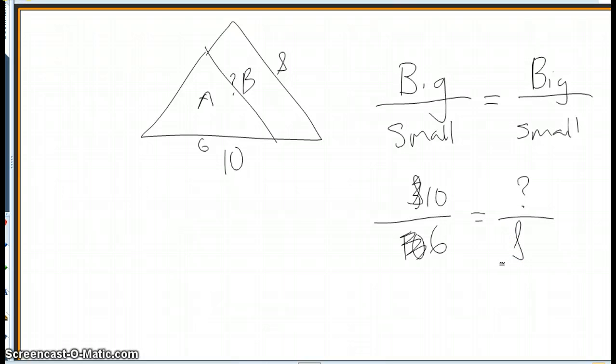See if you can see what I've done there. Big divided by small equals big divided by small. You happy?